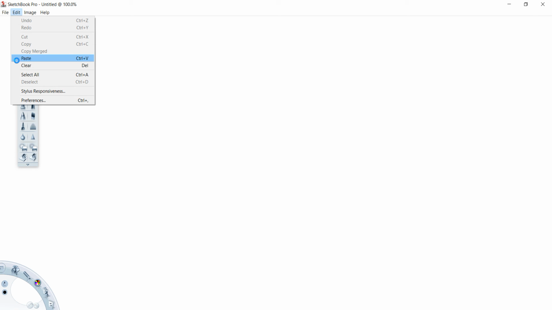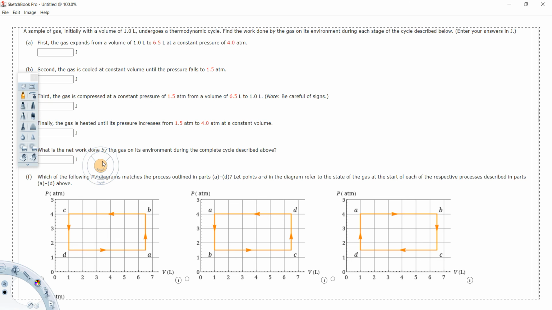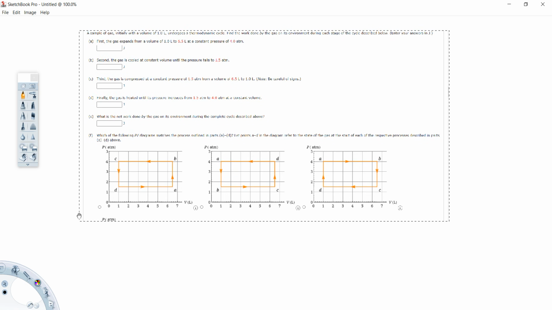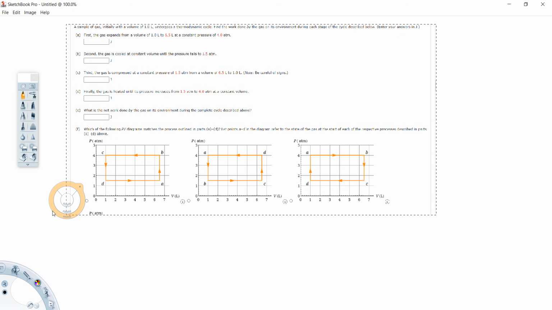I think in my picture we cut off a few things, but let me get this pasted here and scale down. I think there's more pictures below. All right, so let's start chatting about how to work these problems.